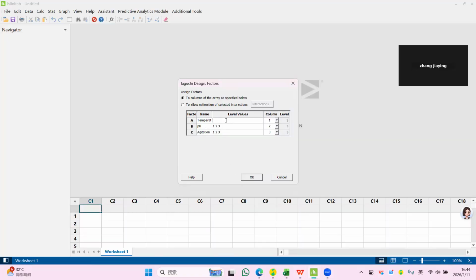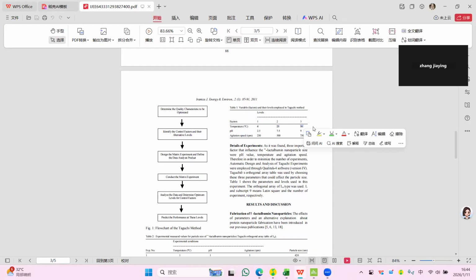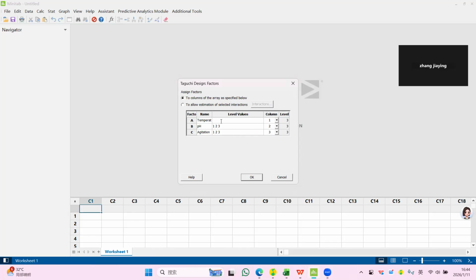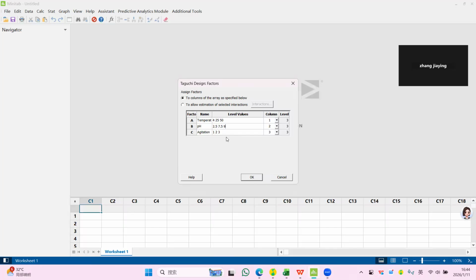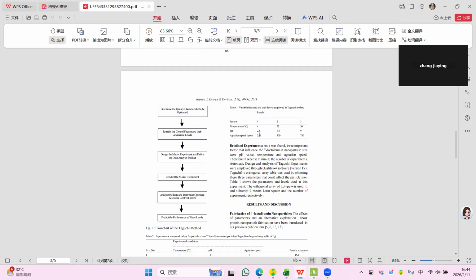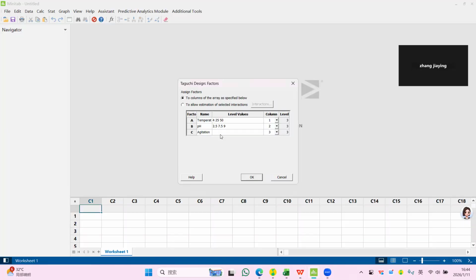And the levels value is entered. This is the labels.